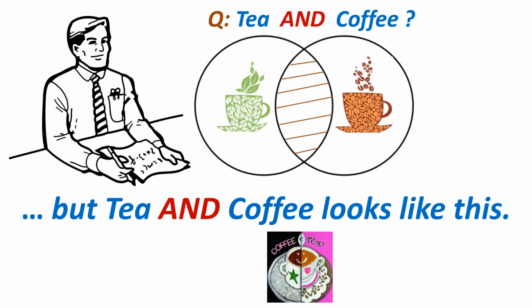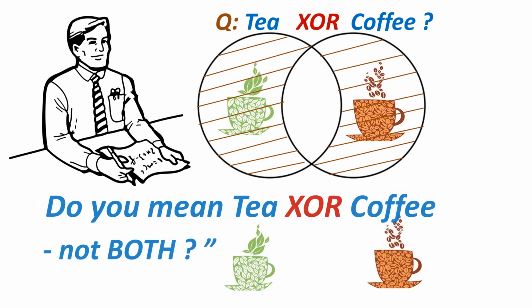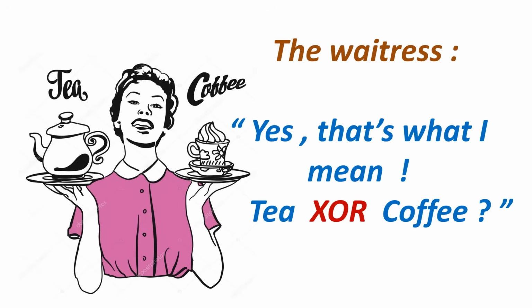Tea and coffee looks like this. And he says, do you mean tea XOR coffee? Because XOR means tea or coffee, but not both. And the waitress says, yes, that's what I mean. Tea XOR coffee.